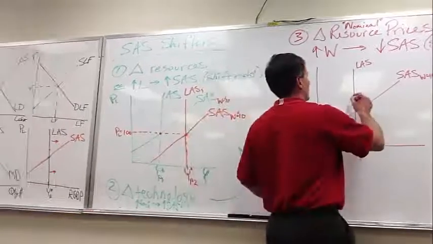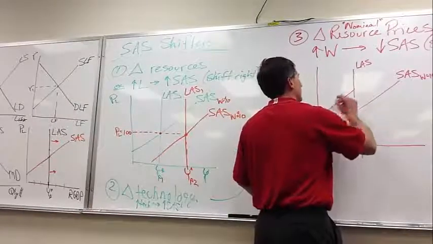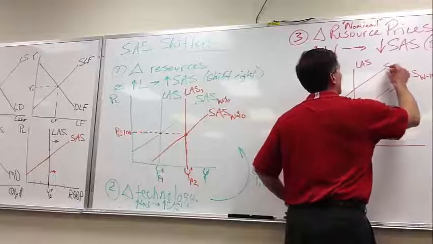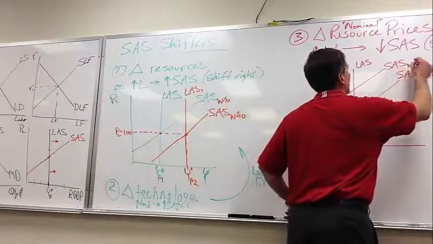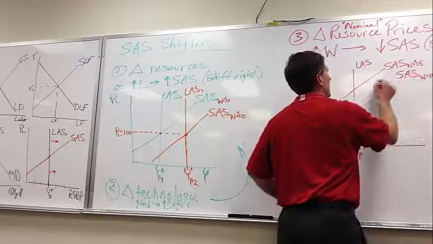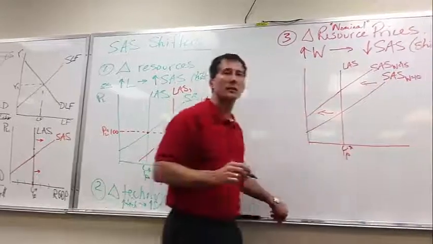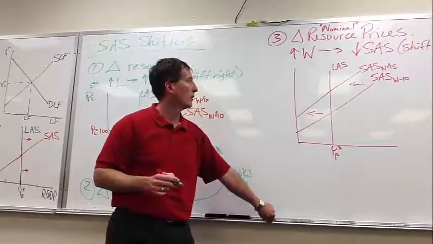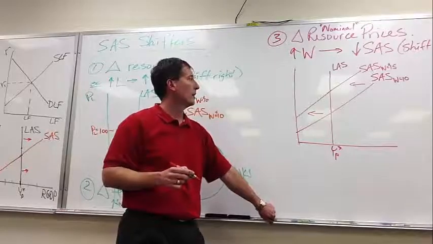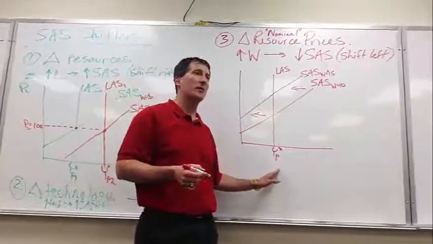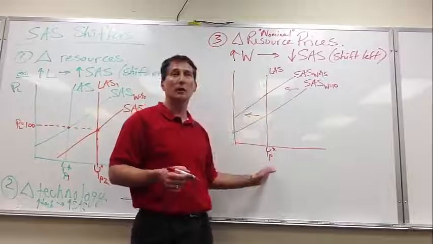Pretty big jump in wages. The short-run aggregate supply curve at $15 lies to the left of where it was. But that in and of itself doesn't change our long-run potential.